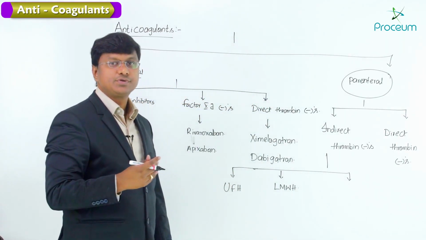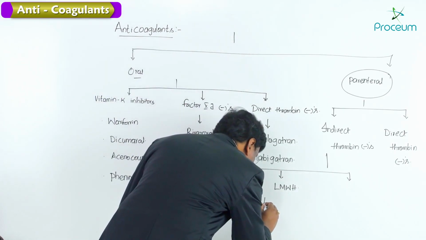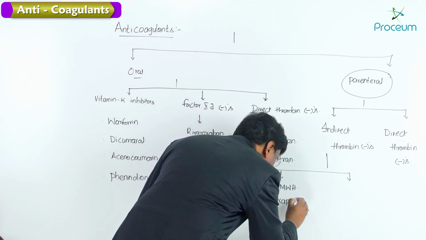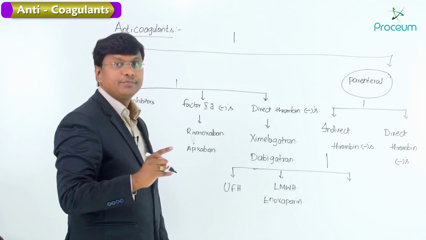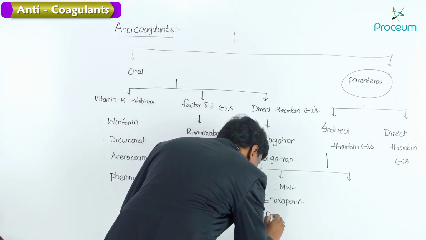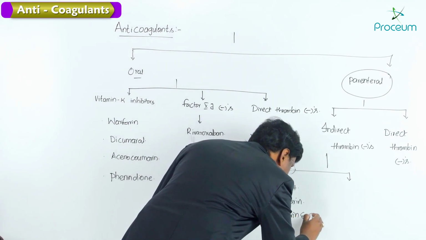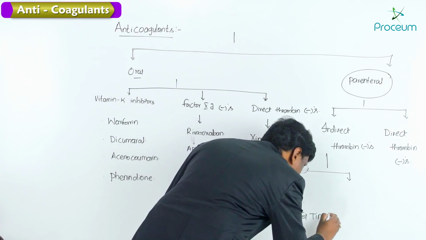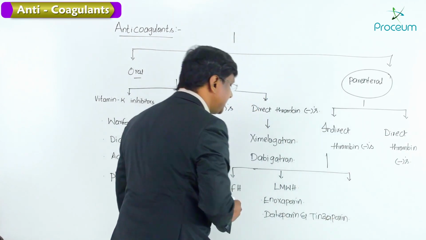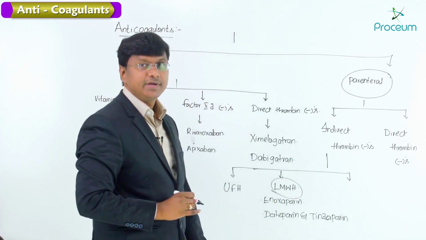The examples of low molecular weight heparin include enoxaparin, dalteparin, and tinzaparin.